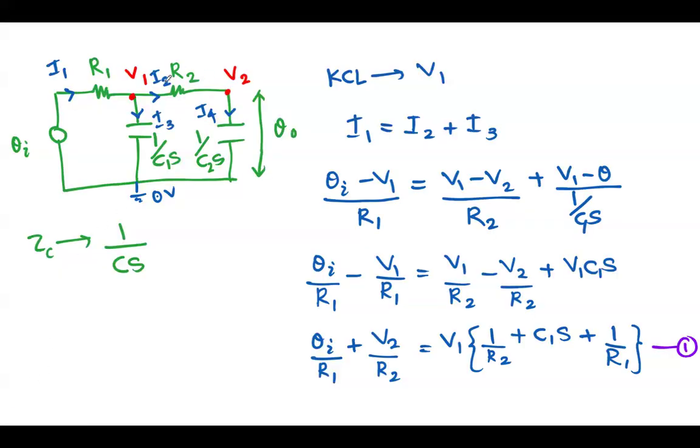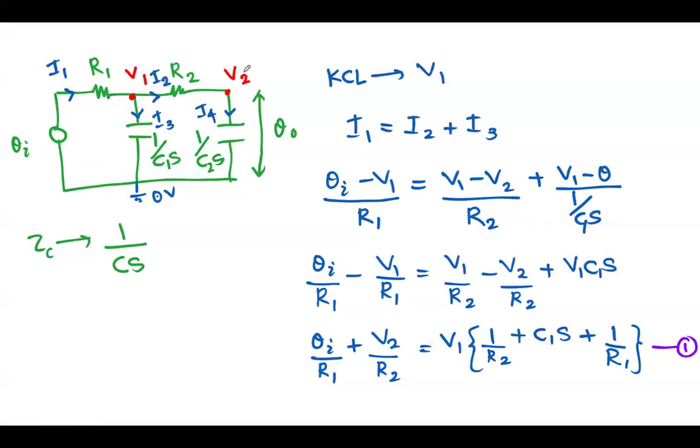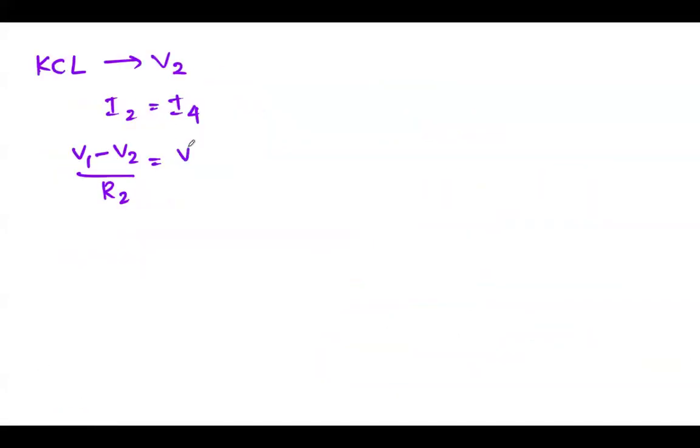For the I2 value is V1 minus V2 over R2, and it is equal to V2 minus 0 over impedance value of capacitor 2, V2 minus 0 over 1 over C2s.